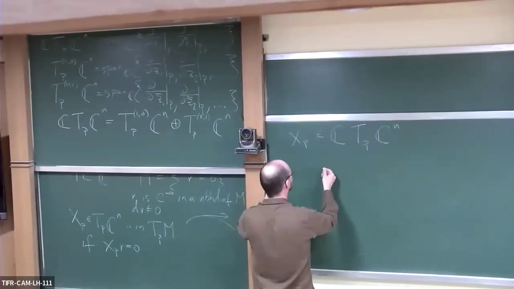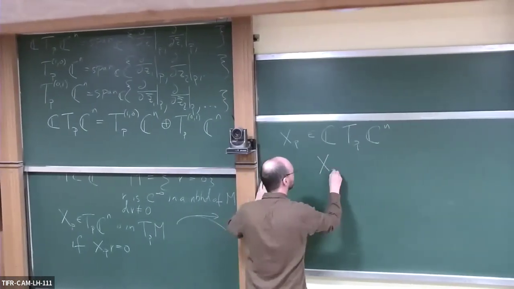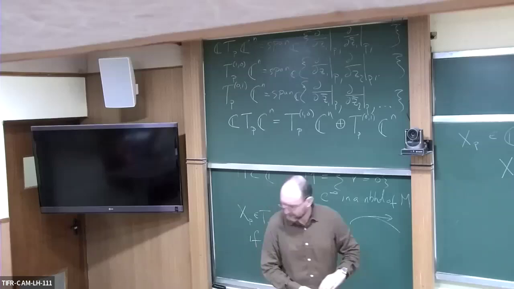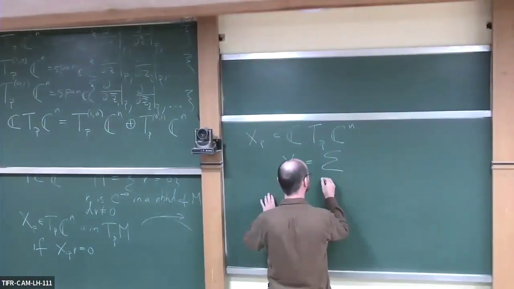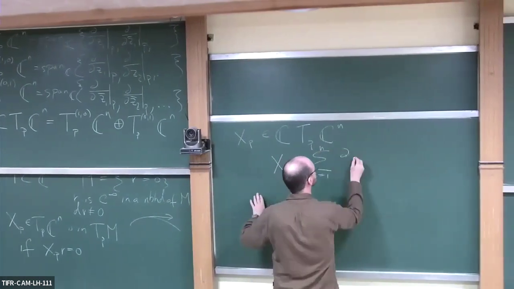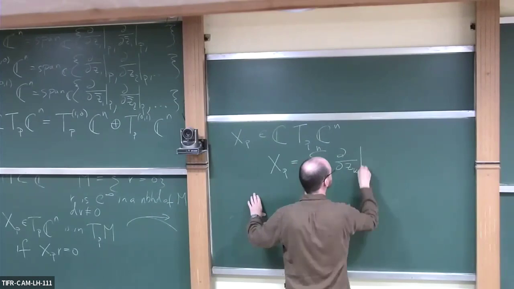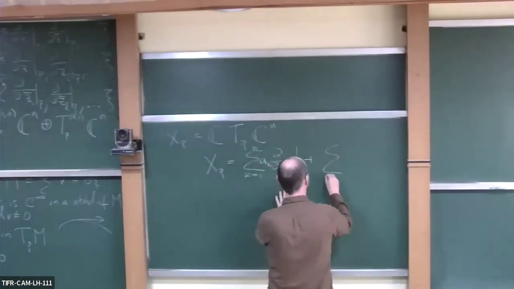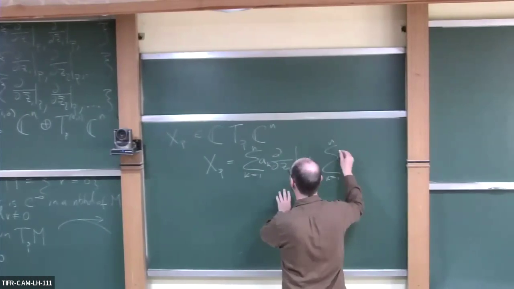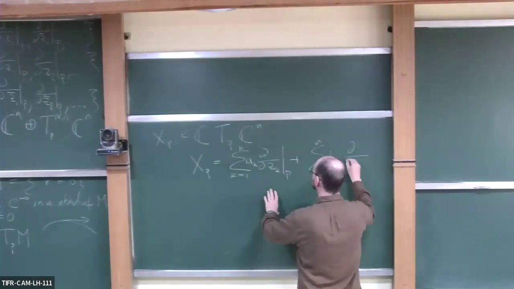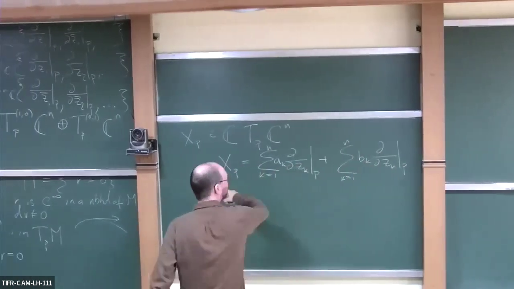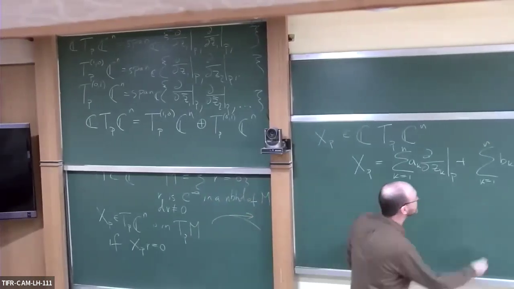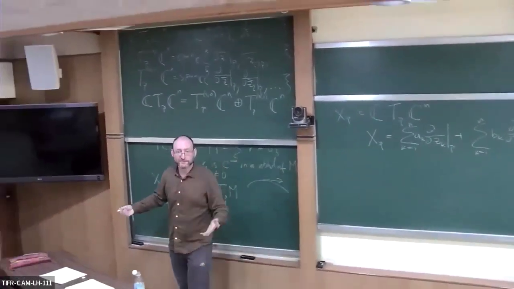Well, that means it's something of the form sum of a_k times z_k derivative plus b_k times z-bar_k derivative, something of this form, where the a_k's and the b_k's are just complex numbers, right?